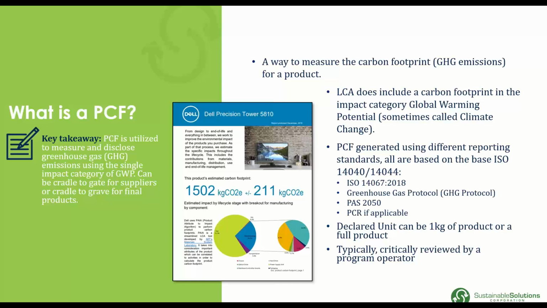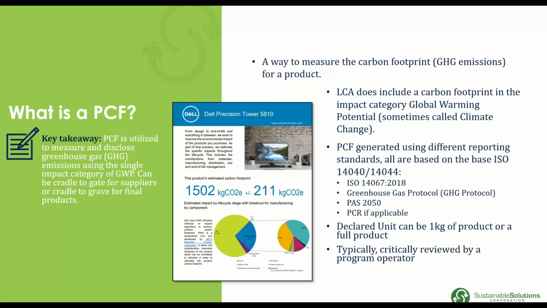But for a product carbon footprint, just zooming in on what we call climate change, the carbon footprint, the global warming potential. So it's the greenhouse gas emissions that are associated with the product.